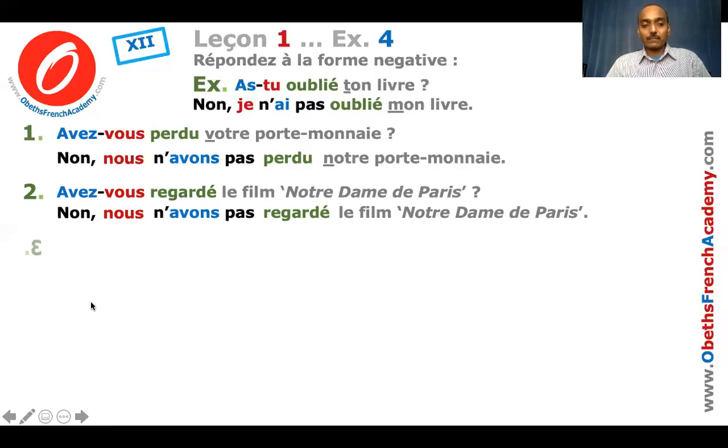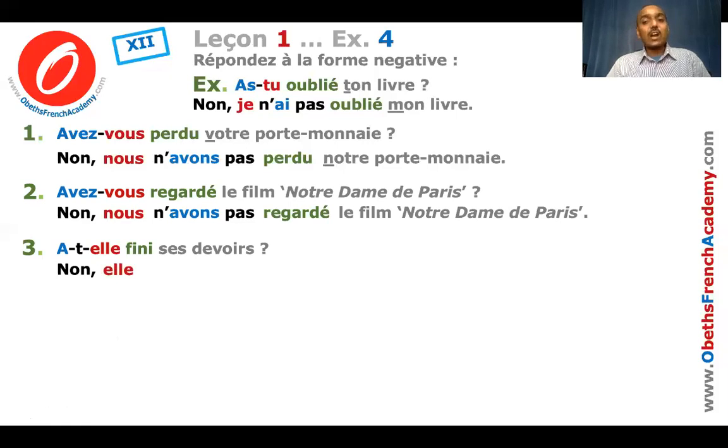Third question. A-t-elle fini ses devoirs? Has she finished her homework? So when the subject is she, third person feminine singular, your auxiliary verb avoir will be a. So in your answer also, you'll put the same subject pronoun she, because we are talking about third person.